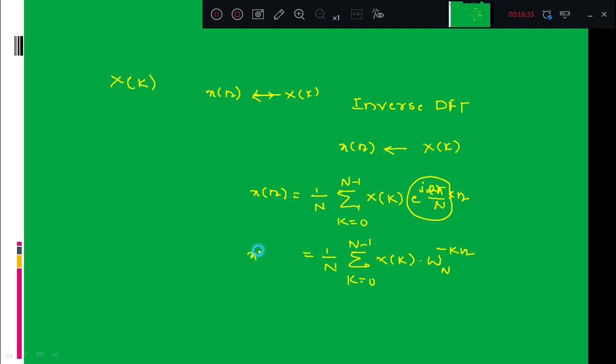So this is the mathematical definition to find the inverse DFT of any frequency domain sequence, that is X of k. Understood?